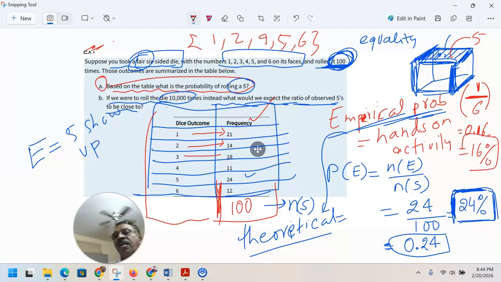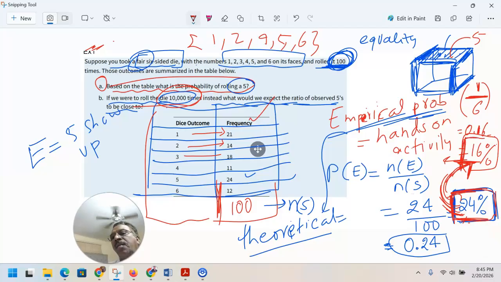So this is the theoretical probability. What this says is if you go on repeating this 1,000 times, this empirical probability, instead of 24%, will almost end up equal to the theoretical probability. So that's the meaning of empirical and theoretical.